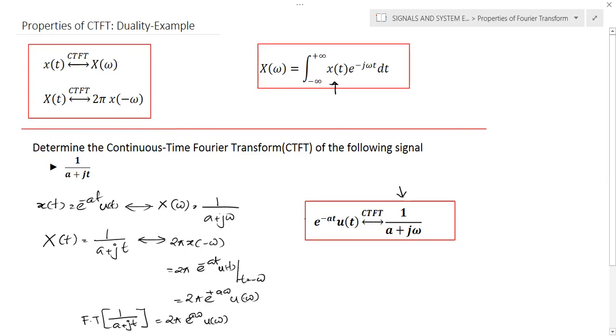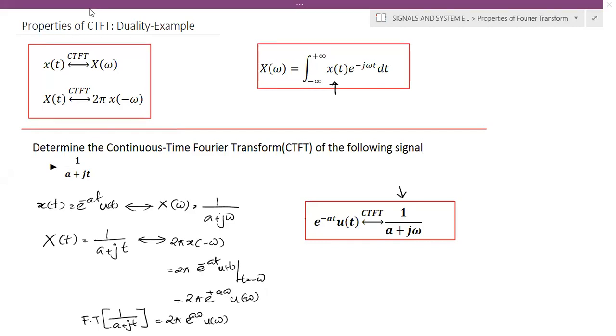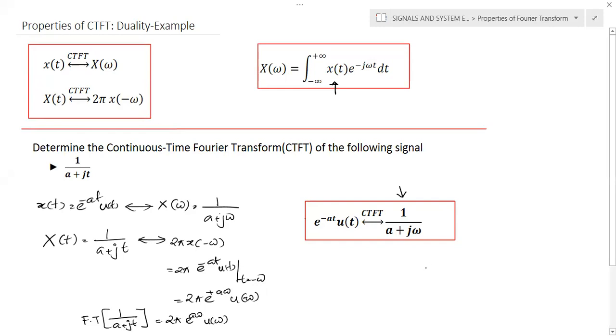And one more thing, here it is actually u of minus omega, because we substitute t equal to minus omega in this equation. This is a step signal which exists in the frequency domain.